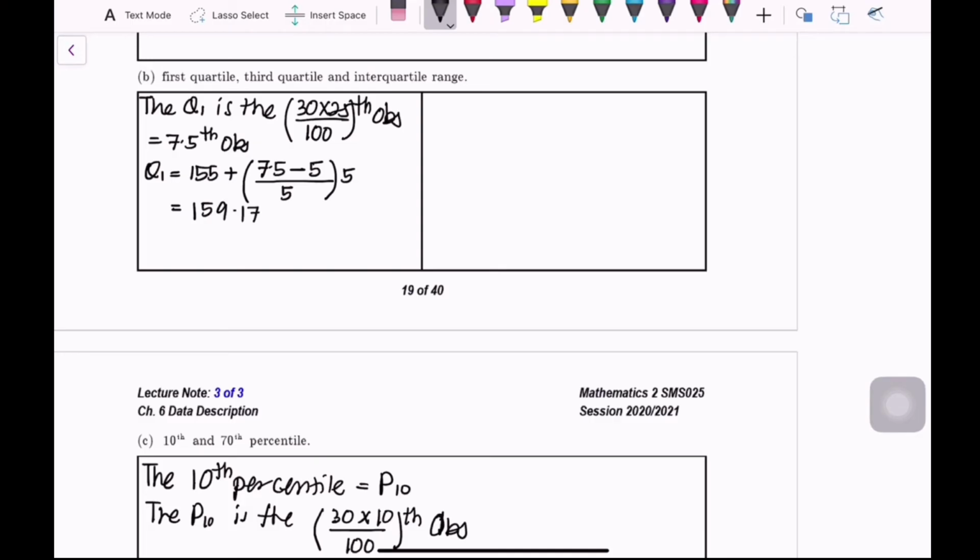159.17. Then for Q3, it is 30 times 75 over 100 observation, which is equal to 22.5 observation.